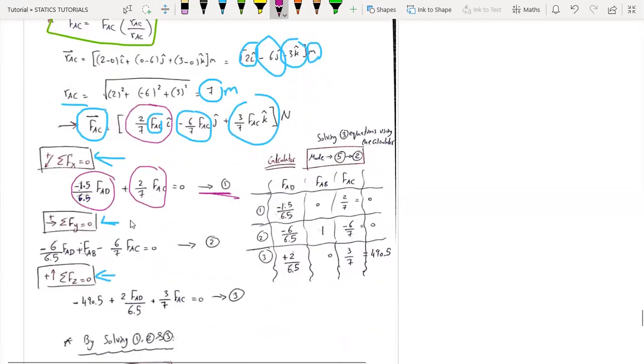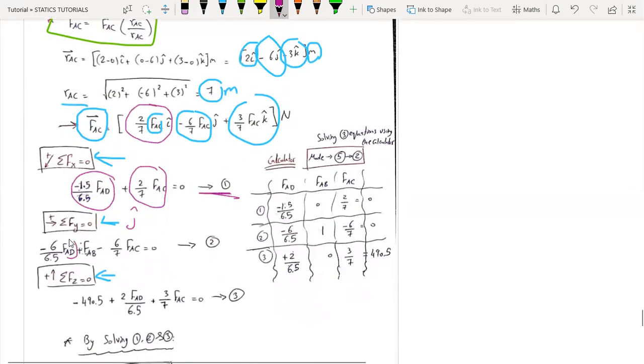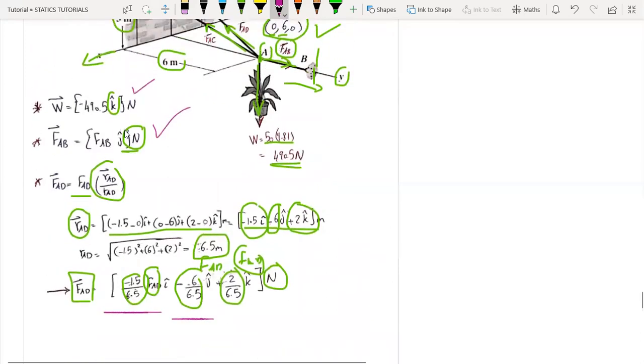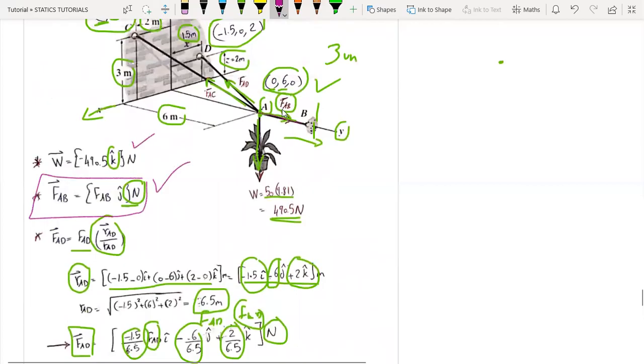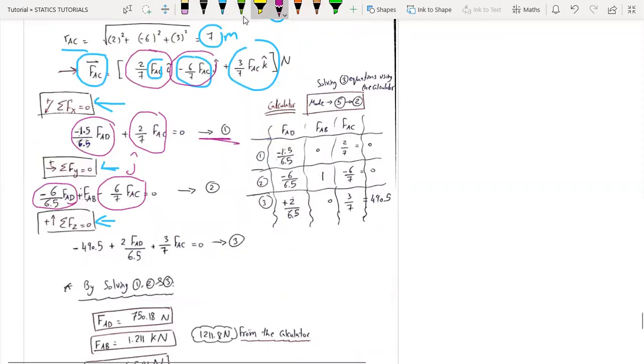Then collecting the j hat terms, we have minus 6 over 6.5 F_AD, and minus 6 over 7 F_AC, and we should not forget the j hat term which is the tension force in cable AB, so plus F_AB.